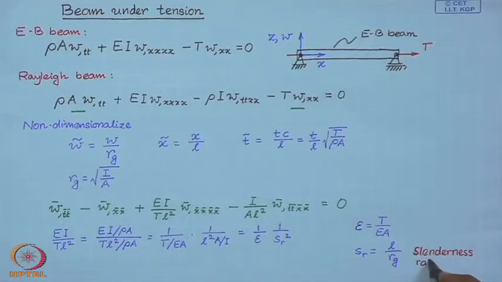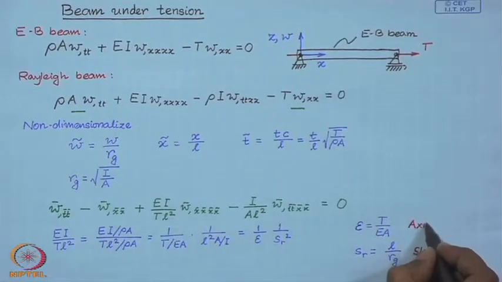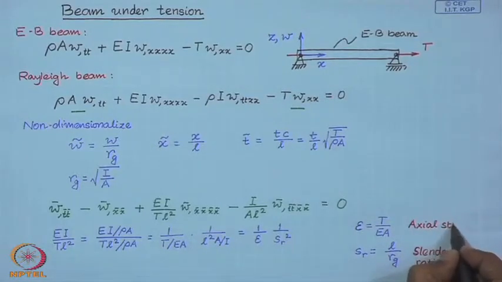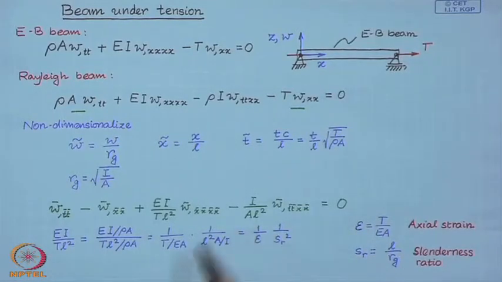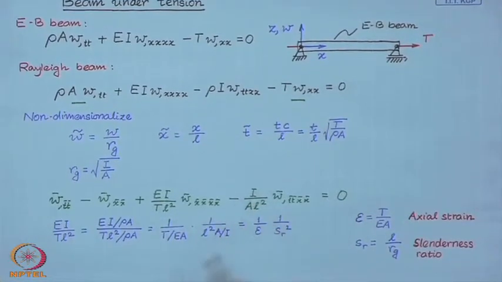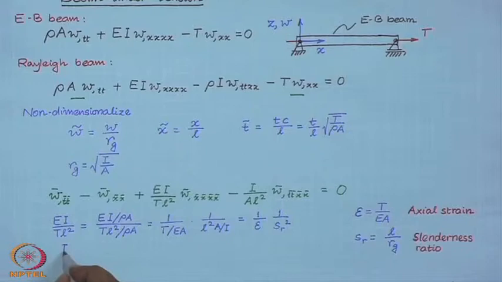So, this is a slenderness ratio and this is the axial strain. Now, this coefficient is nothing but inverse of the axial strain and inverse of the square of the slenderness ratio. Similarly, this coefficient is 1 over slenderness ratio square.